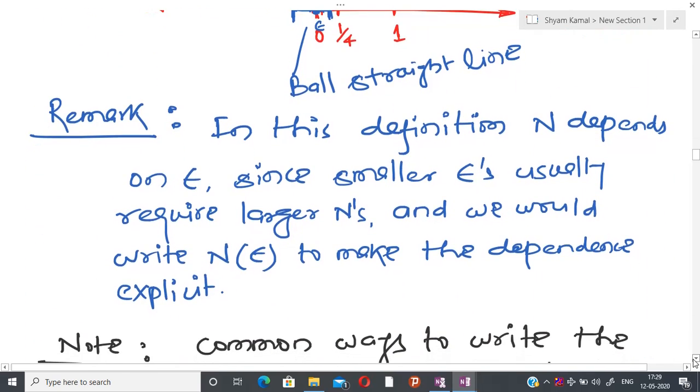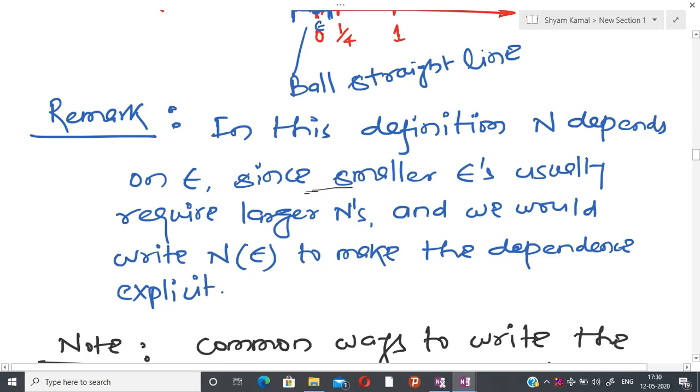You can see that in this definition N depends on epsilon. Most of the time we assume that whatever epsilon I take is very small.